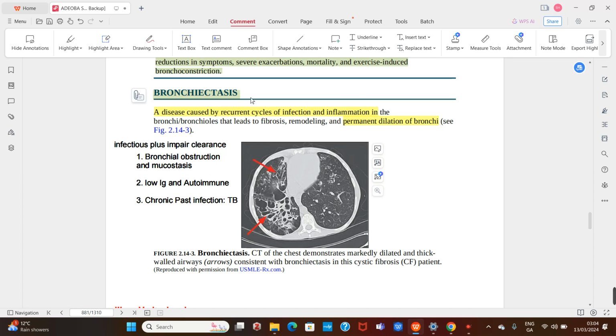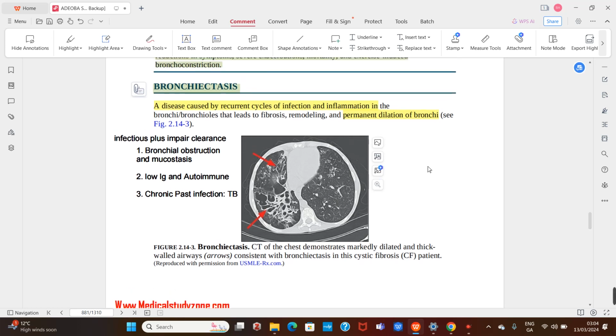It occurs due to recurrent cycles of infection and inflammation. So you have bacterial infection triggering inflammation, bringing about the presentation. What we need to know are the 3 major pathophysiologic categories, that is, the predisposing factors to this recurrent cycle of infection and inflammation.